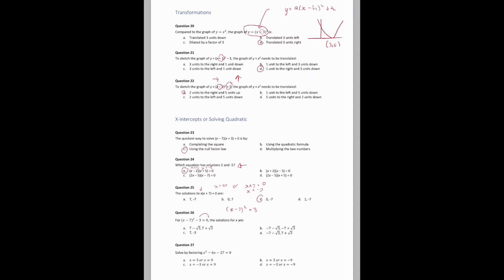So if you square root it, this is what you get. x - 7 is equal to +√3, or alternatively, x - 7 is equal to -√3. And now for each of these solutions, we just have to move the 7 to the other side. So therefore, x is equal to 7 + √3, or x is equal to 7 - √3. So the one that looks correct out of all of these is going to be A in this case. Yep, A looks good. Sweet.